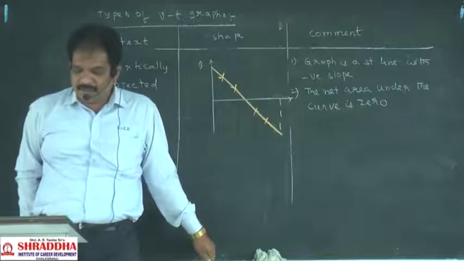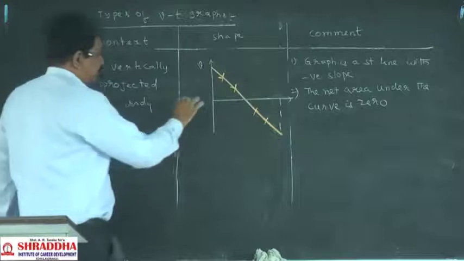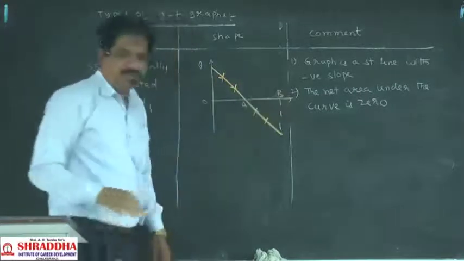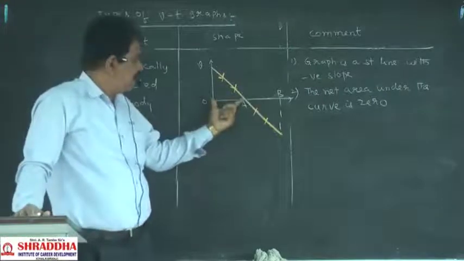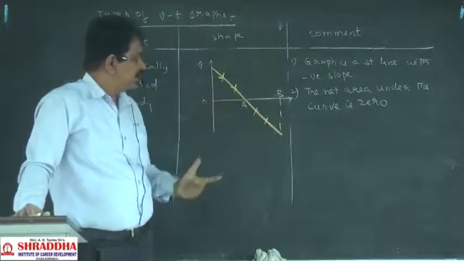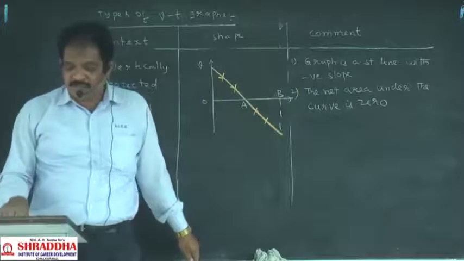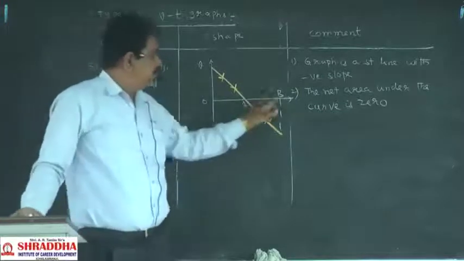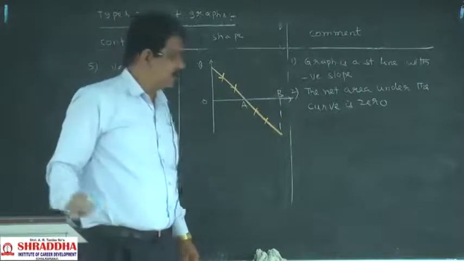Clear? Next. Here if you write this as O, A, B, then OA value will be equal to time of ascent. AB value will be equal to time of descent. OB value will be equal to time of flight.